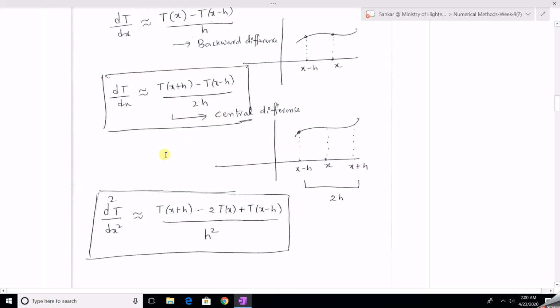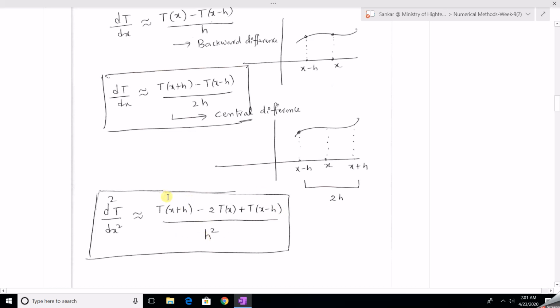Similarly, if we use the central difference approximation for the second derivative, d square t over dx square, this second derivative is approximated by the function value at x plus h, t of x plus h minus 2 times t of x plus t of x minus h over h square.